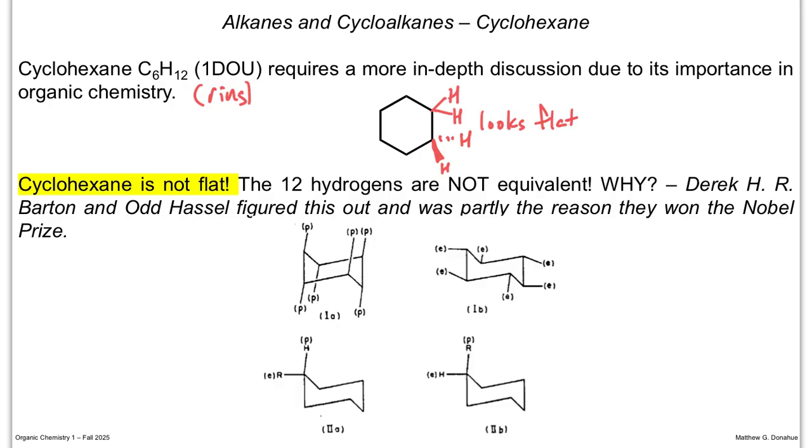In their initial description of these things, you see on the left here it says P. On the right it says E. So nowadays we don't use the term P. We use A or axial. But of those 12 hydrogens, they're now grouped into 2 classes, axial or equatorial.